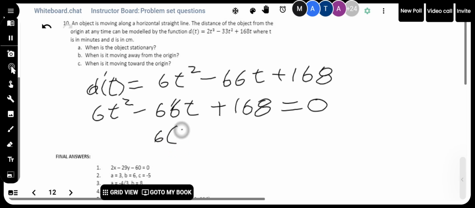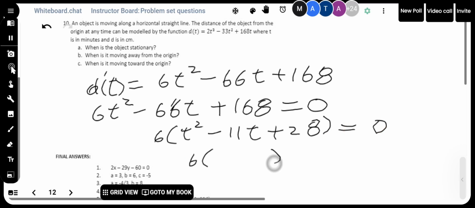So this is 6t squared minus 11t plus, what is the 168 divided by 6? Help me out here. 28, thank you, plus 28 equals 0. So we can factor that some more. And I'm thinking t minus 7 and t minus 4. Thank you, Kushi and Sarah.